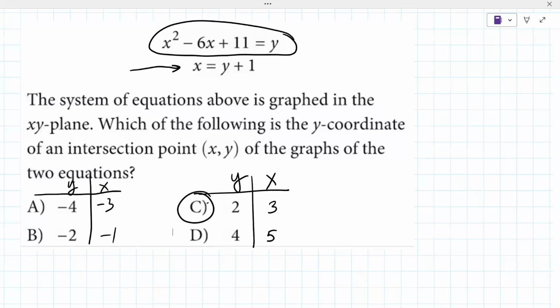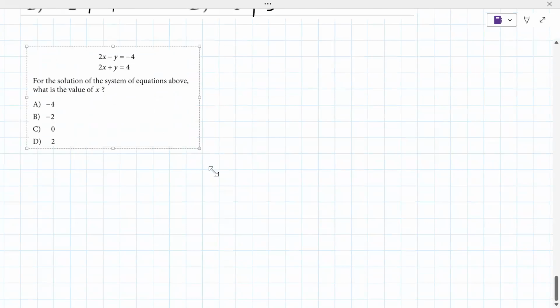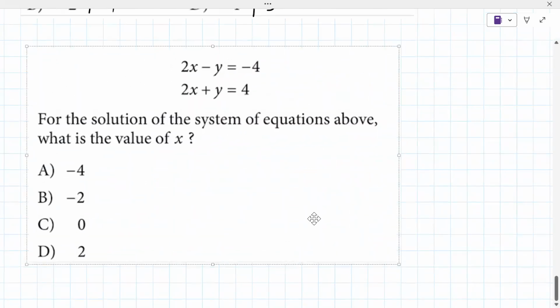Okay, let's try another one here. We'll do one or two more, and then we're going to switch to another topic. But you're going to get something on systems, so you might as well do this. You can solve this one however you want.